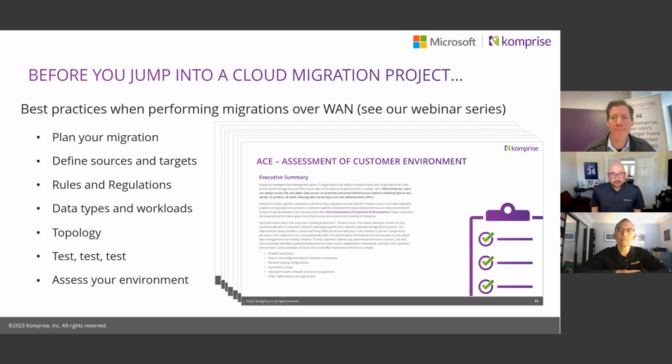Yeah. So I mean, boy, Paul really hit the nail on the head here. ACE has been phenomenal for customers, and the fact that Komprise built this tool and provided it has been huge. Not only does WAN offer a challenge, but you're going to be moving content from a platform that is in use during production.